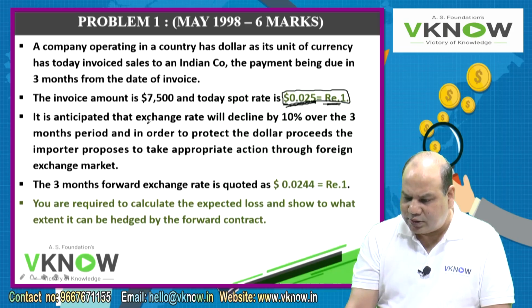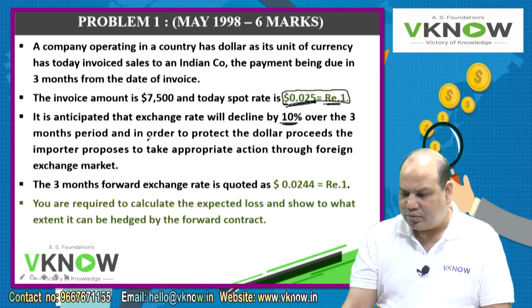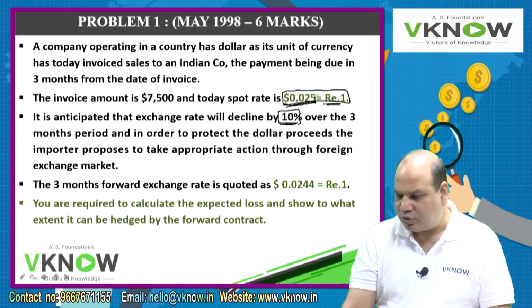It is anticipated that the exchange rate will decline by 10% over the 3 months. So this is called the anticipated or expected rate. The expected rate is that after 3 months, this exchange rate of $0.025 may decline by 10%.